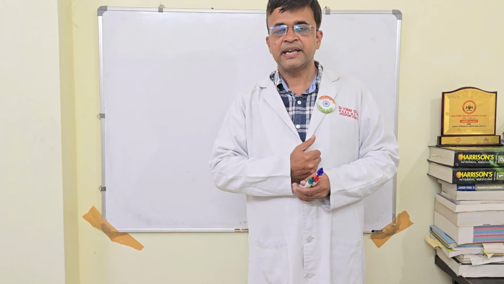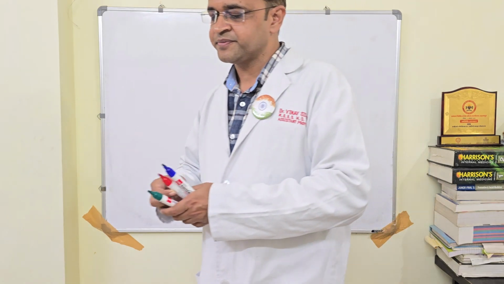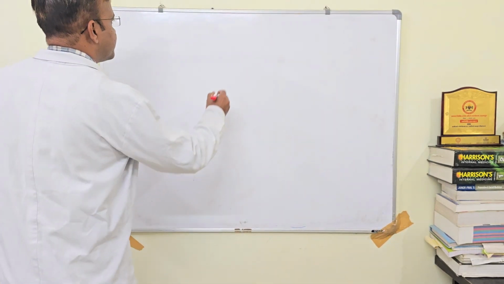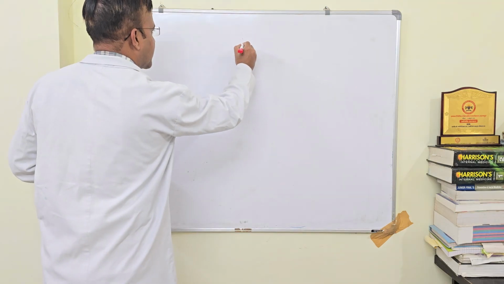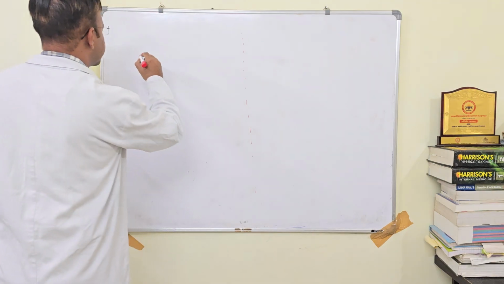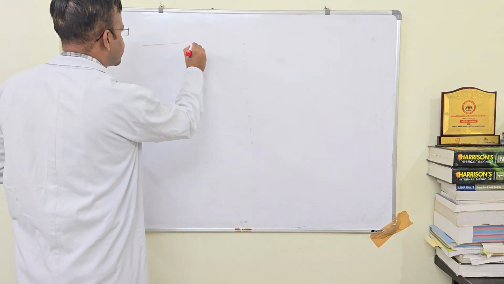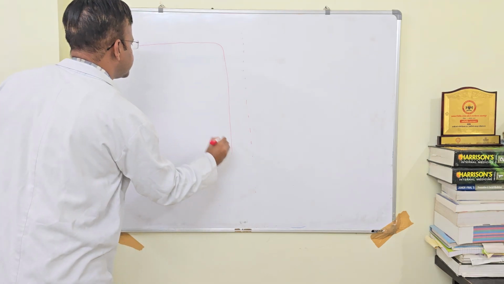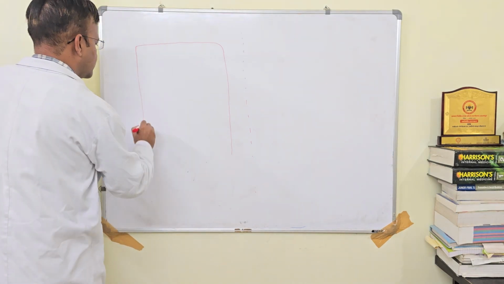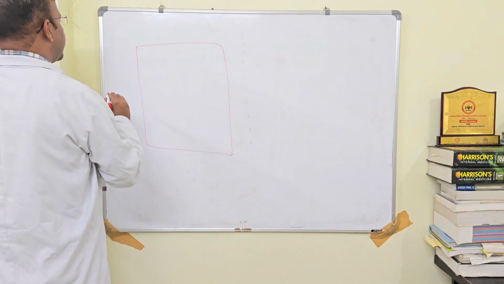So first of all, let's discuss the alpha intercalated cells, right? We will divide our board into roughly two parts, one for alpha and one for beta intercalated cells, right? Now what's going on inside the alpha intercalated cells?